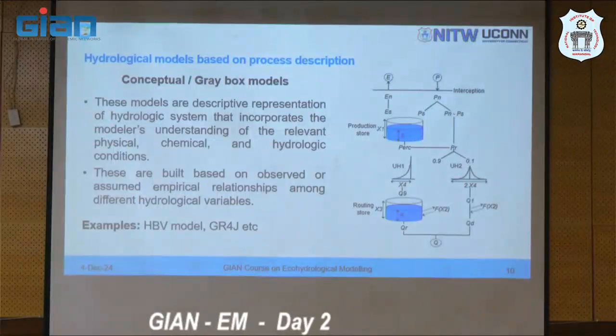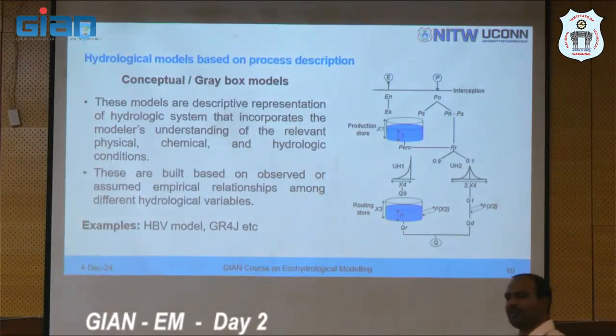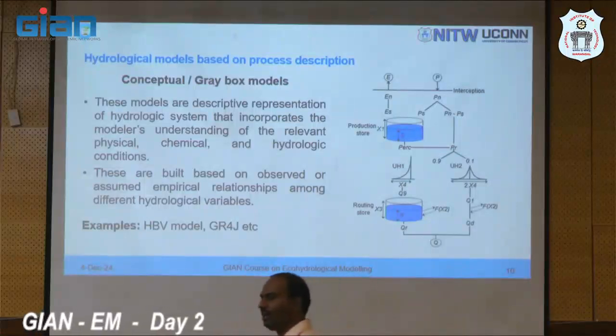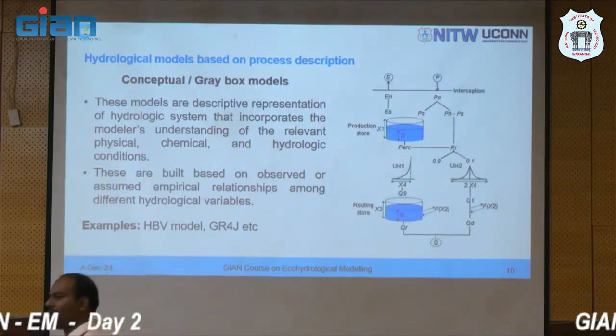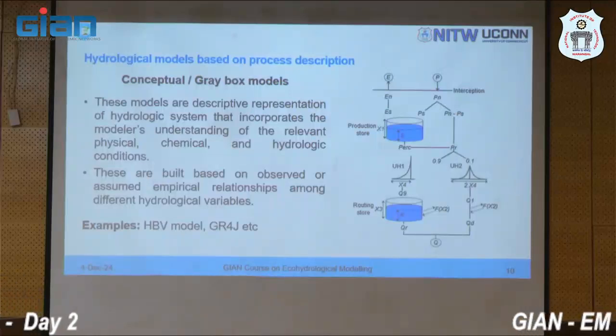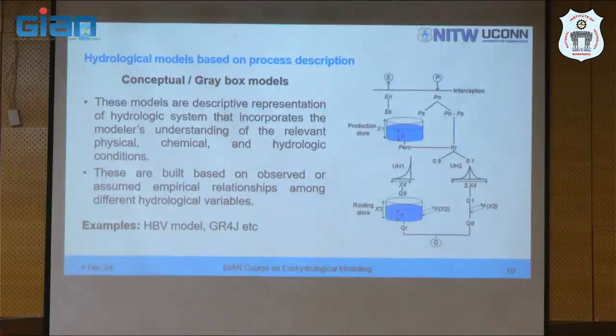If I ask each one of you to represent a process in your own way, there may be some commonality, but also some variation. So, based on our understanding, based on how different people perceive, these models have been developed. They are developed based on observed or assumed empirical relationships among different hydrological variables. GR4J and HBV are some of the models called conceptual models.